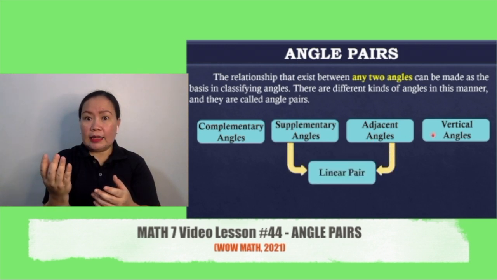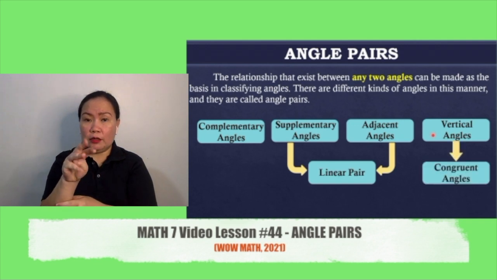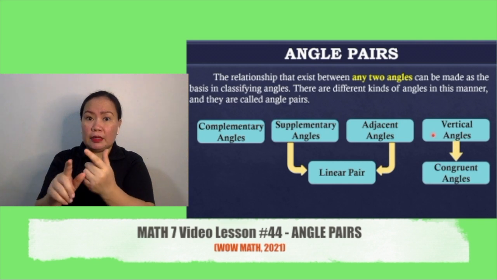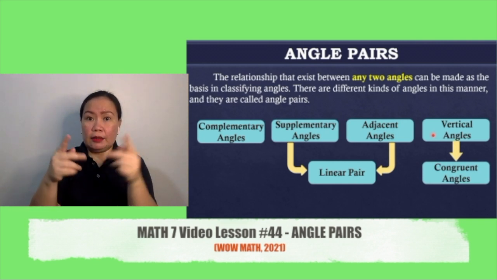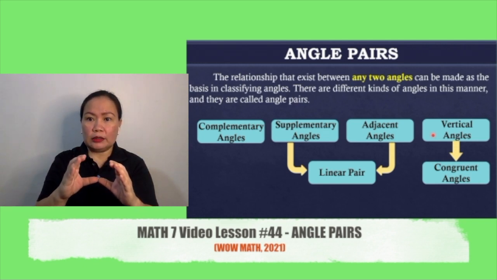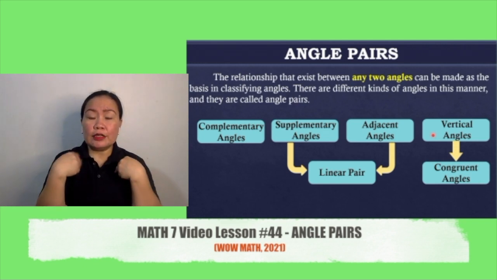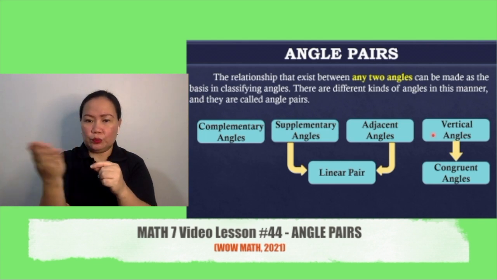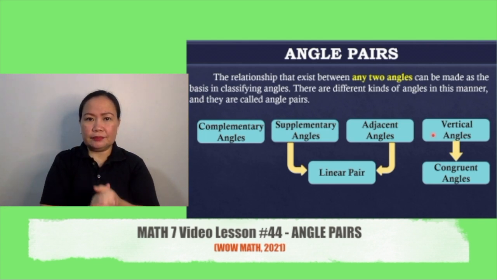And kapag meron tayong vertical angles, doon papasok si congruent angles. Okay, so therefore, we have 6 kinds of angle pairs. Namely, the complementary, supplementary, adjacent, vertical, linear pair, and congruent angles.